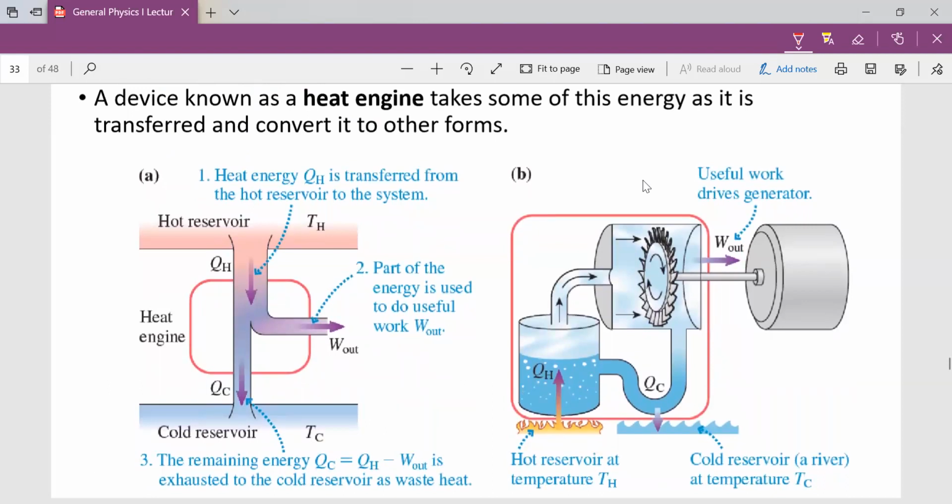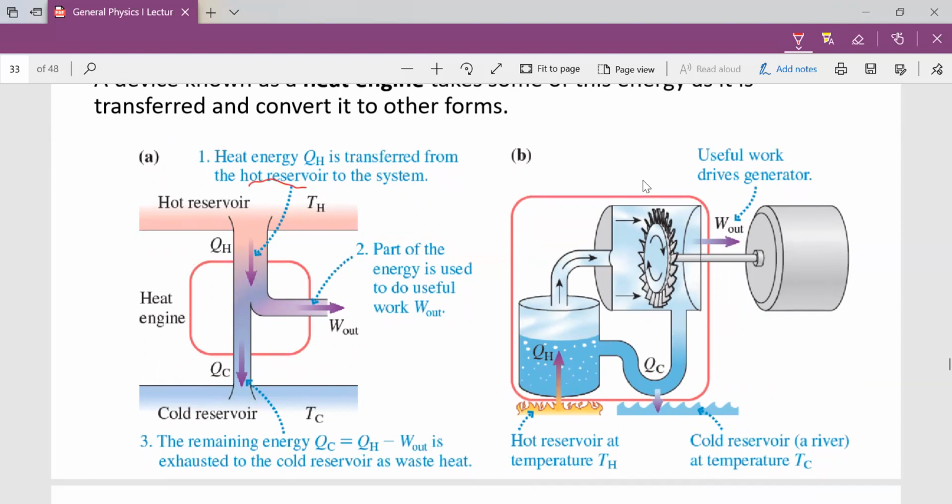Let's look at image A. The heat energy, QH, when we put QH, you mean the hot reservoir part of it. It's already stated here as well. You see the system, the hot reservoir part, exchanging heat with the cold one on a natural flow, going from hot to cold.